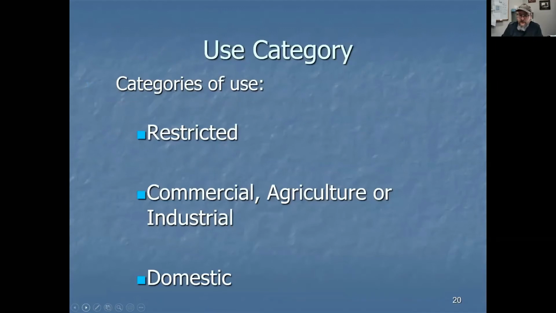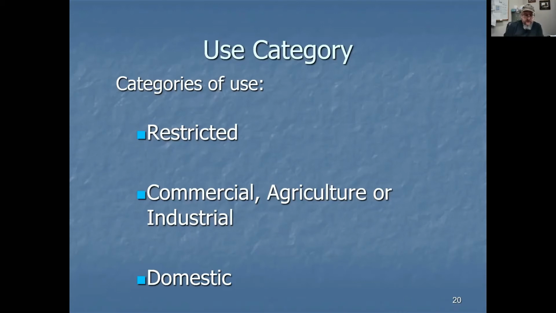You'll also find the use category. So it could be restricted, commercial, agriculture, industrial, or domestic. For example, the Weevil-Side container is restricted. It says right on it, which means you are required to have a special license. So this farmer pesticide license with the stored grain endorsement is what will give you the ability to purchase this.